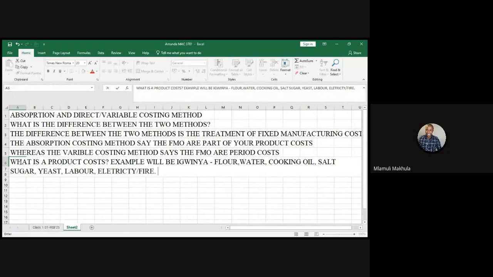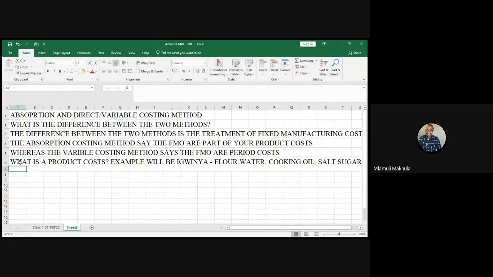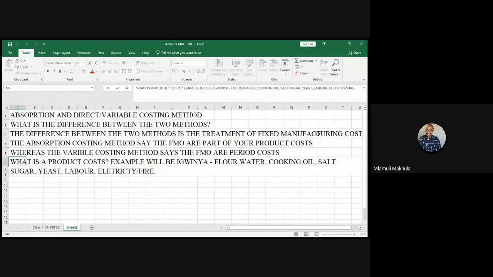Then you will have stuff like your water. Remember, sometimes when you are pouring water, you wouldn't measure it. You'll just pour with a jug and say, it looks okay, that's enough. But you wouldn't know how many liters you poured.